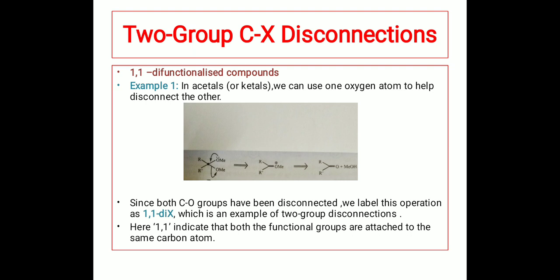That is, the same carbon atom is attached to two functional groups. That is why we name this 1,1 diX. 1,1 disconnections of this type are called two group CX disconnections. That's the reason 1,1 indicates that both the functional groups are attached to the same carbon atom. So this is example 1.